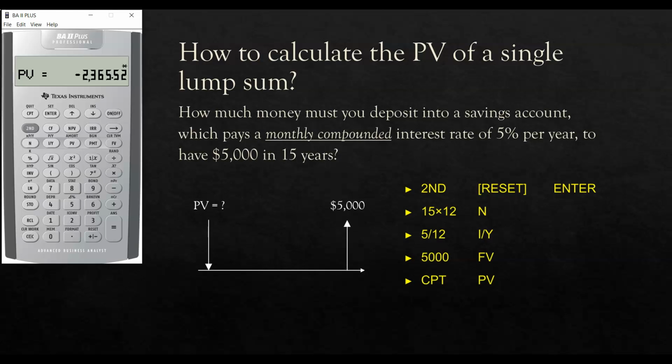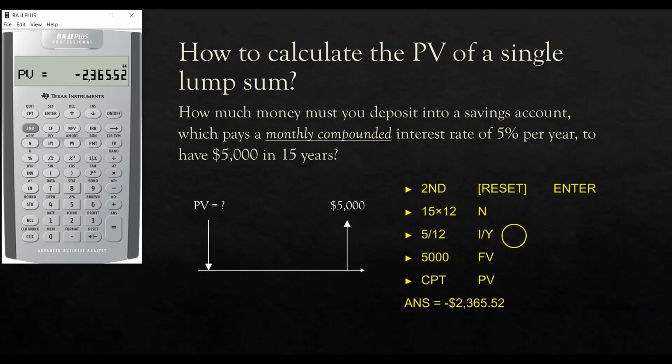So as long as you make an adjustment on the N and on the IY, you can avoid going through the process of setting the P/Y that we talked about a minute ago. And if you run the calculation here, obviously you're getting the same number. So this is my preferred way of handling non-annual compounding. In this case, it's monthly compounding.